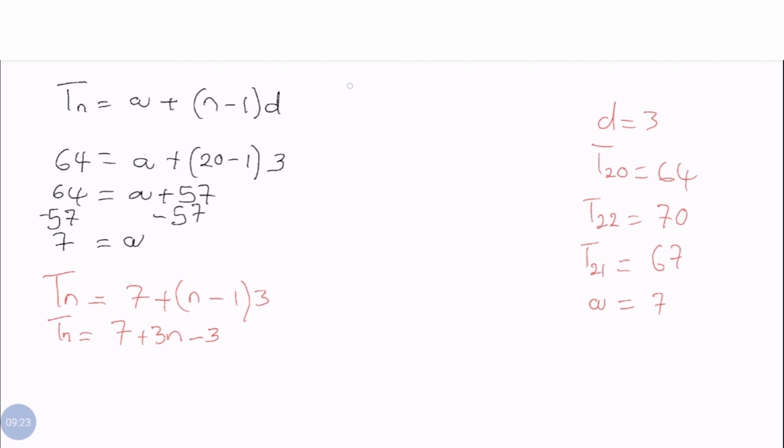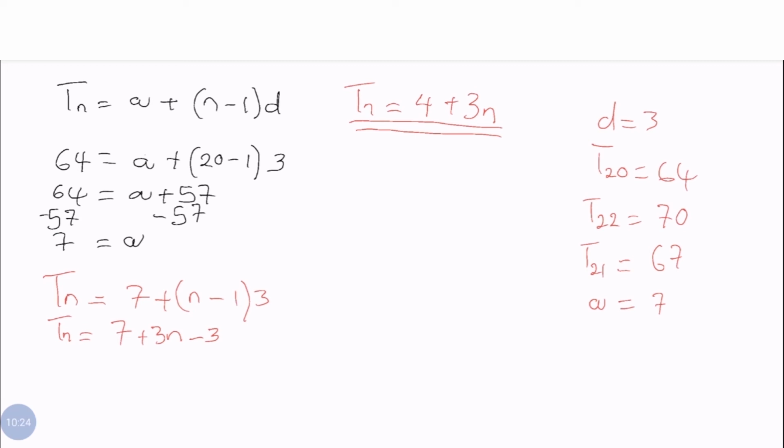Now that is Tn equal to 7 minus 3, that is 4, plus 3n. So now this is the equation of the pattern.